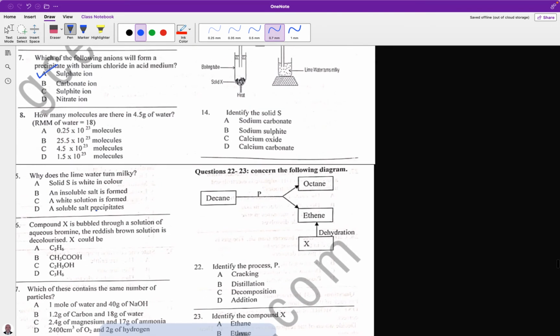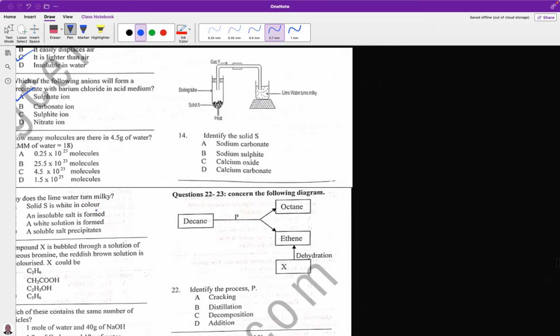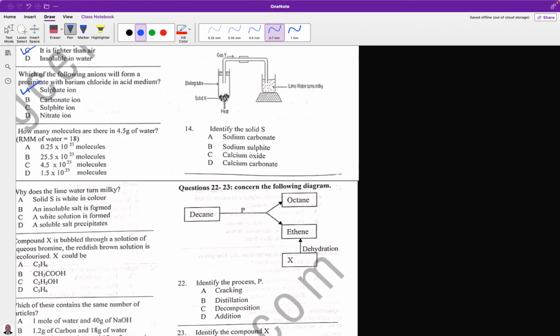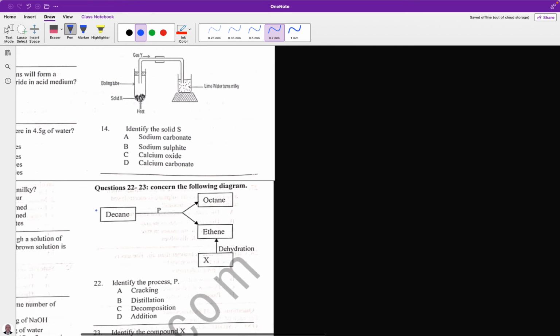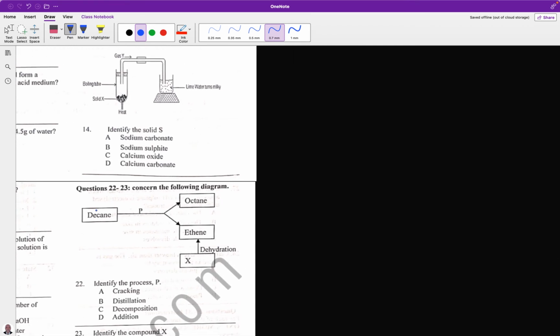We will use the Avogadro number or constant to calculate. 4.5 grams of water divided by the molar mass of water, which is 18 grams per mole, will give us 0.25 moles of water.